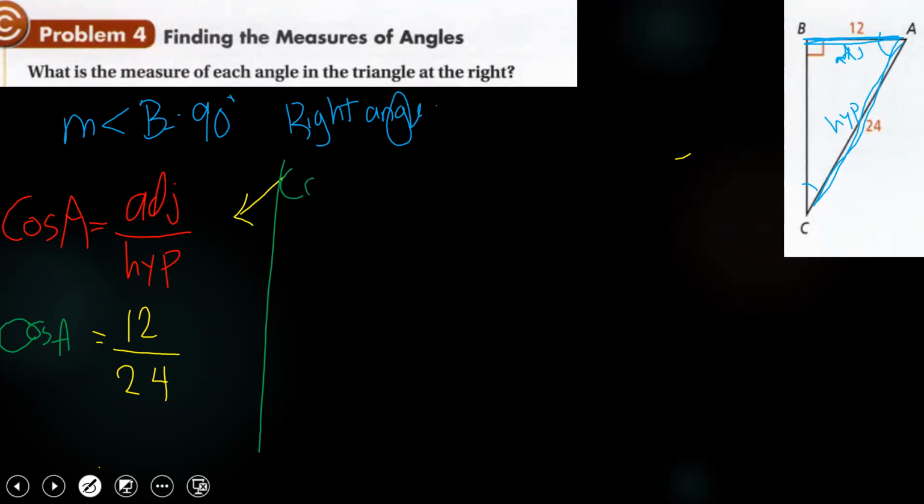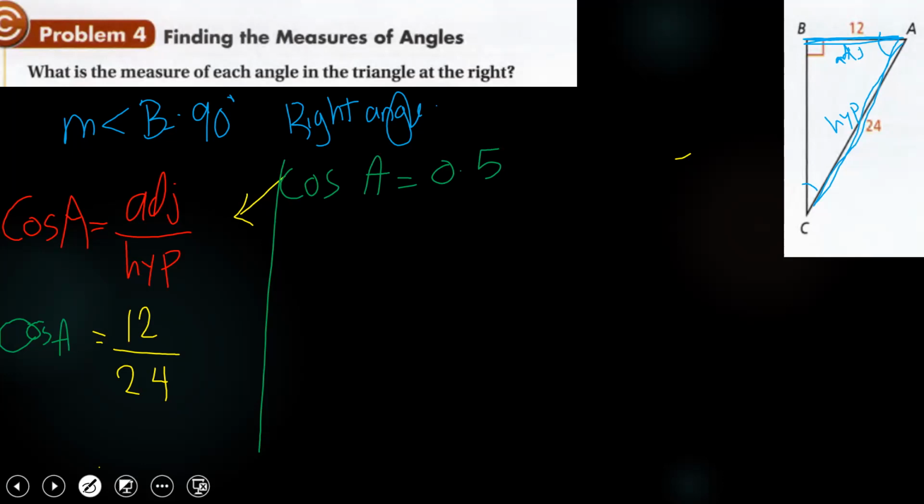If you divide them, we get 0.5. So cosine A is 0.5.